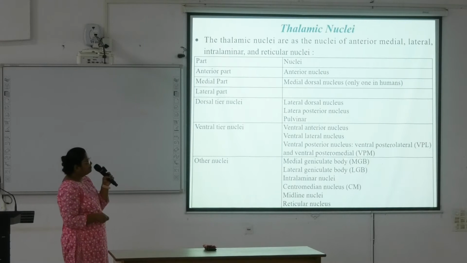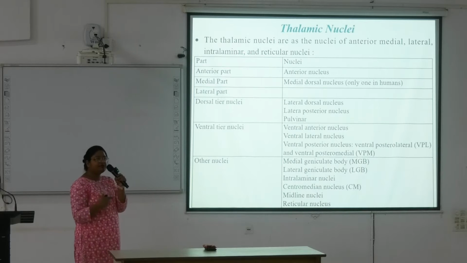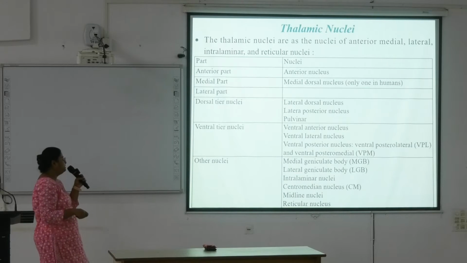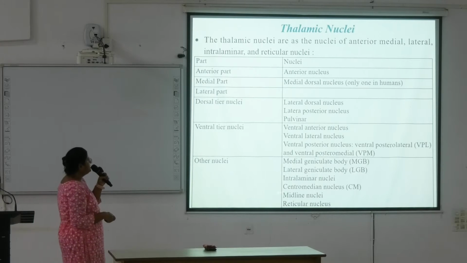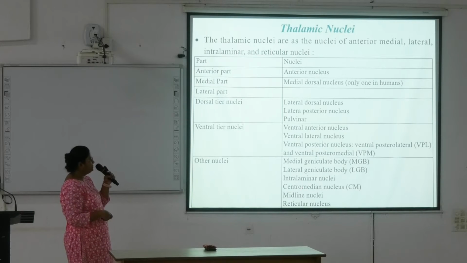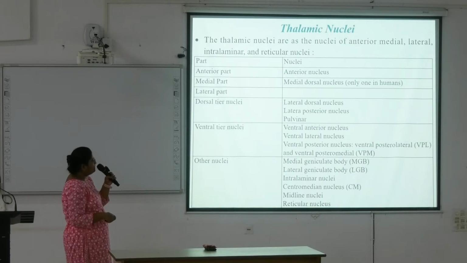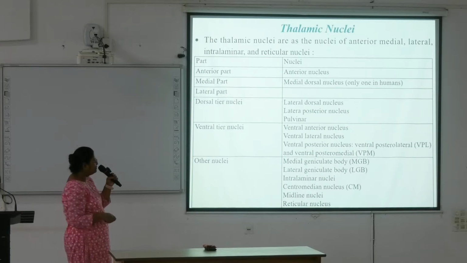Okay, these two are important. Some of the important impulses are going to these nuclei. Next, other nuclei are the medial geniculate body, lateral geniculate body, intralaminar nuclei, centromedian nuclei, midline nuclei, and reticular nuclei. So all these are present in the thalamus. These two, the medial geniculate body and lateral geniculate body, are mainly included in the metathalamus.